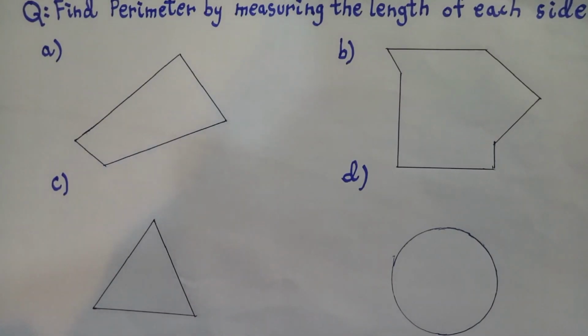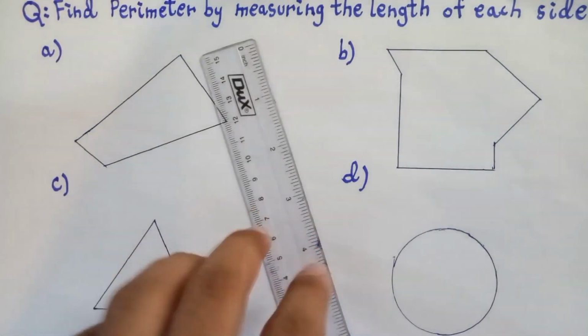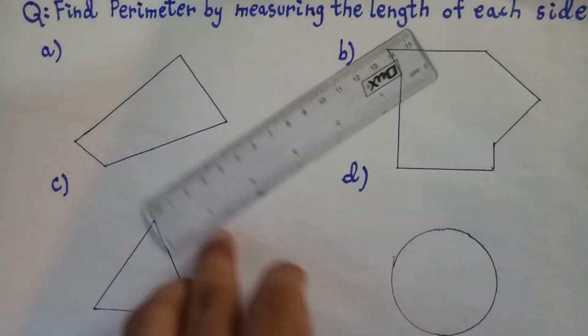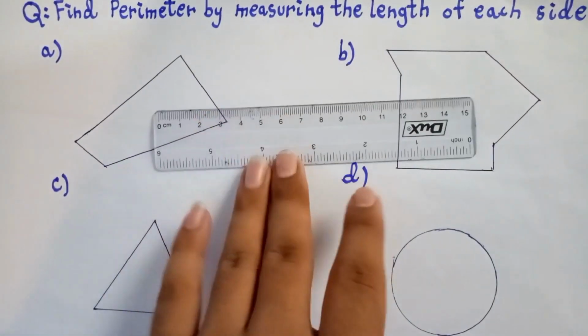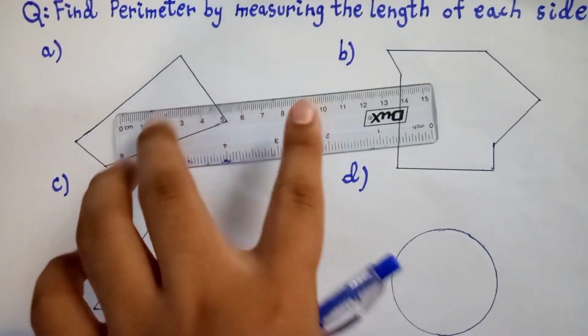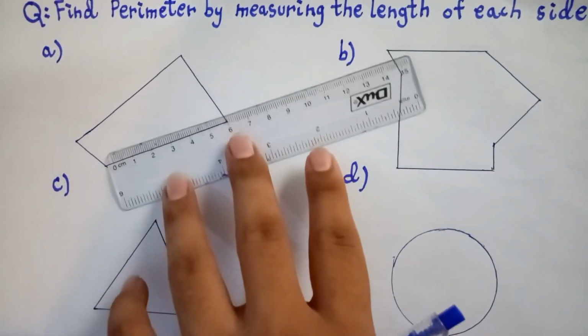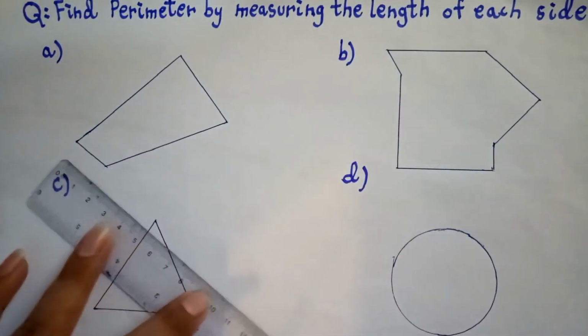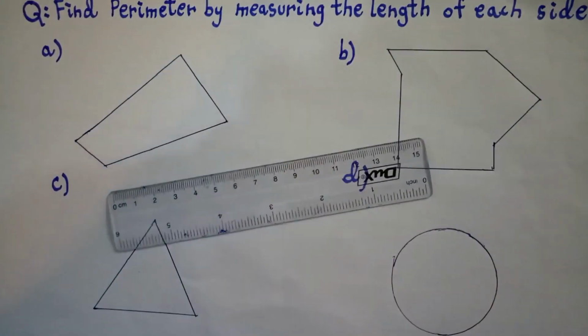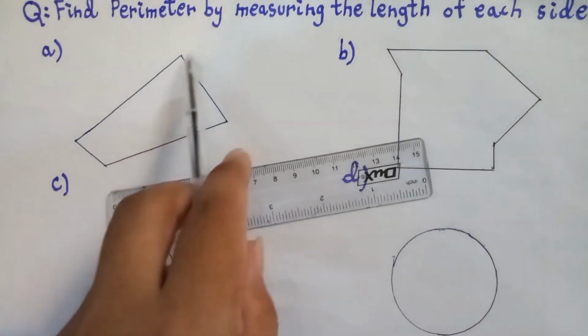So here we will use a ruler. You can see this is the ruler we have. We are going to measure the sides of these shapes. Why sides? Because perimeter is actually the length of the boundary.